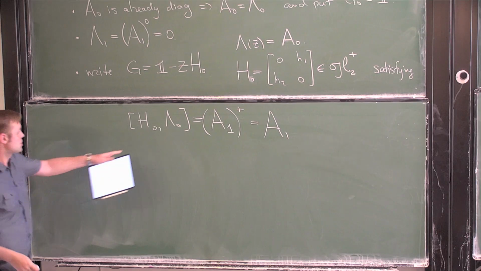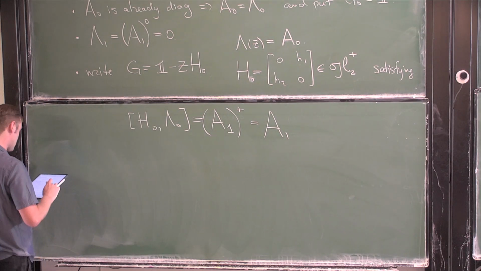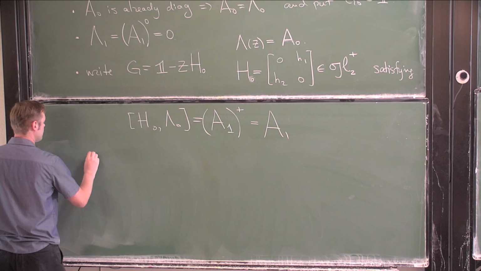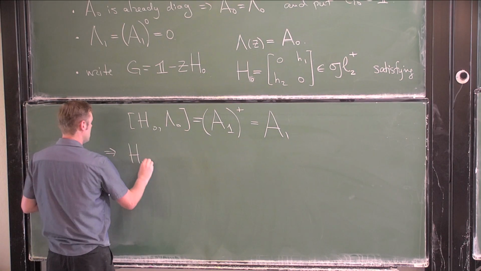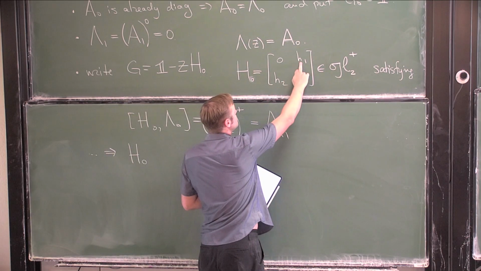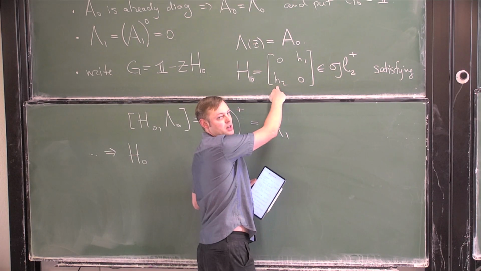And if you literally just compute this, let me skip this calculation, what we find is that h1 needs to be equal to 1 and h2 needs to be equal to 0.